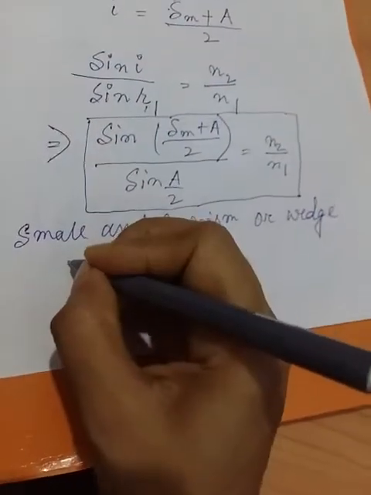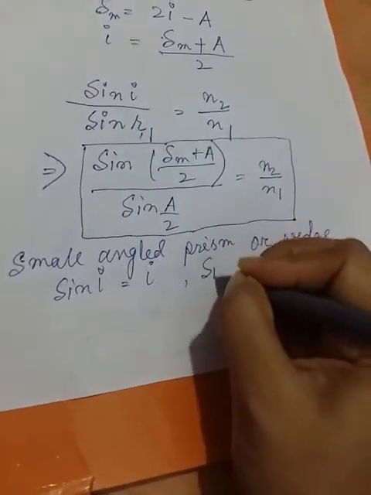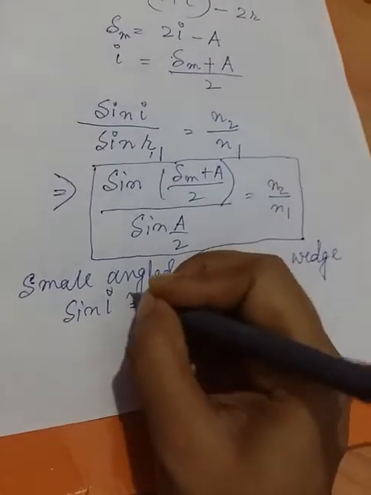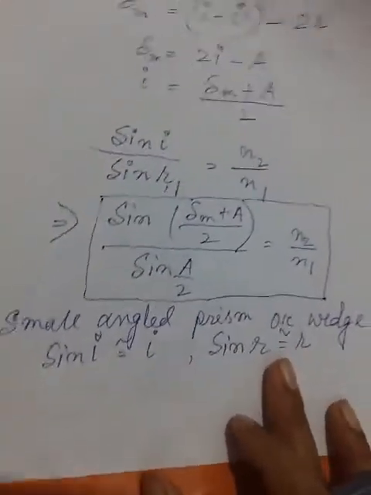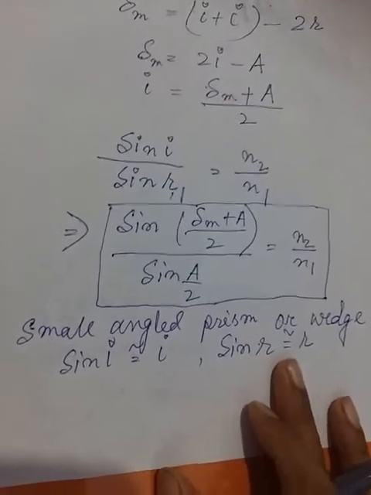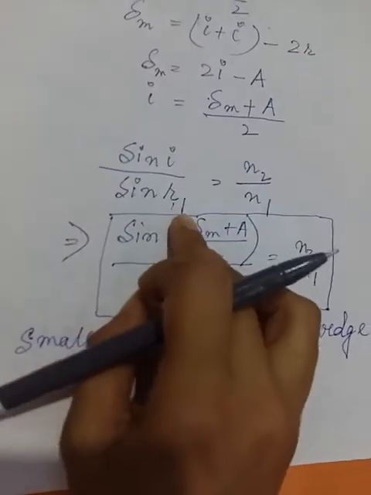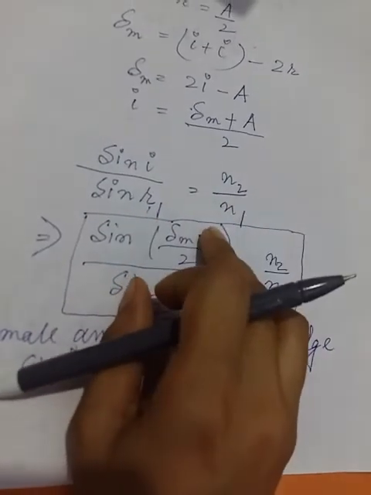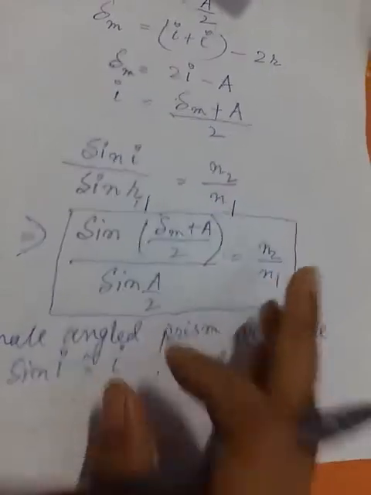Then sin I is approximately equal to I and sin R is approximately equal to R, because for small values of I and R this holds. In place of sin I we write I, and in place of sin R1 we write R1. So I by R1 equals N2 by N1. That means (delta M plus A) by 2 divided by A by 2 equals N2 by N1.